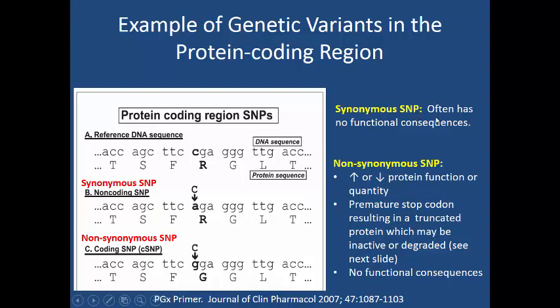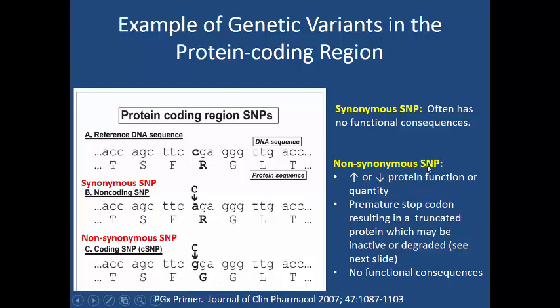And again, those often have no functional consequences. There are a few examples in the literature where synonymous SNPs have been linked to functional pharmacologic phenotypes, but really they're few and far between. And then if we look at this first example, CGA codes for arginine, and then GGA codes for glycine. Again, this C/G difference is a single nucleotide variant, and notice that it results in the code for a different amino acid.